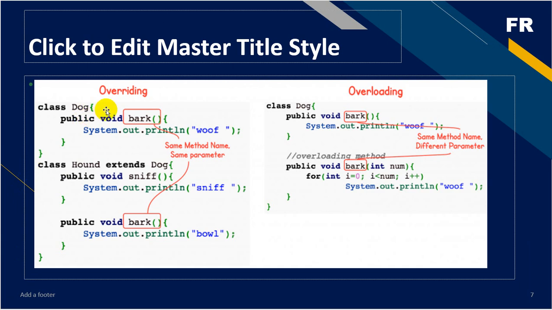Okay, to differentiate between these two concepts, overriding and overloading, let's discuss overloading first. The overloading concept happens in the same class. It won't happen in more than one class or in inherited classes.